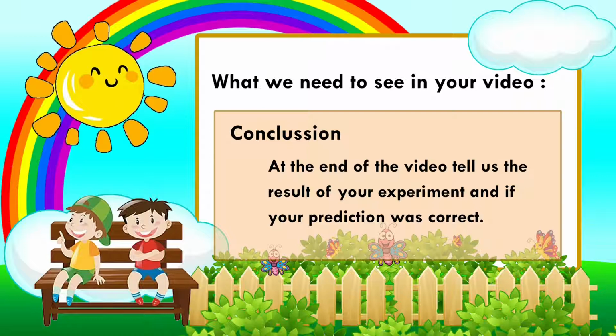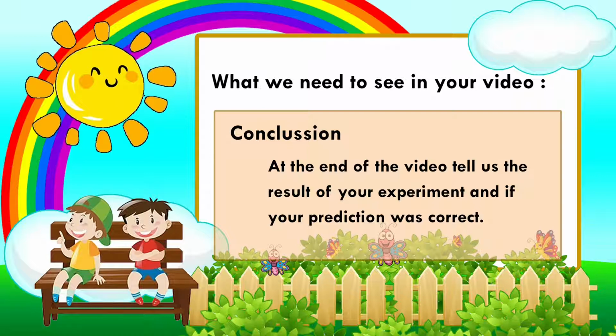Make a video doing the friction ramp experiment that you are going to see in a little while. Make a video of that by yourself doing the experiment. Tell us your name, your student number, and your class, and then give us a prediction. What do you think is the surface with greater friction and lesser friction?